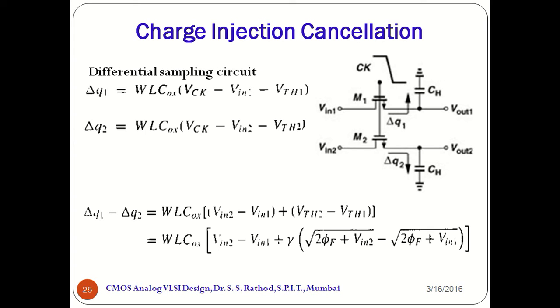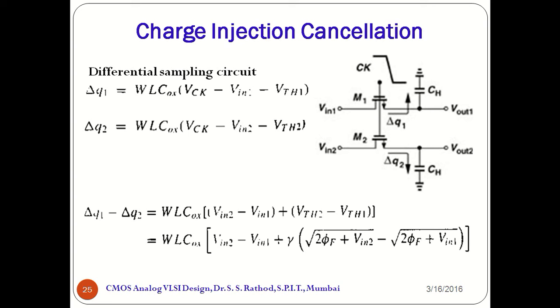We also have the knowledge of differential circuits. So why not use differential circuits for the cancellation of these charges? In this case, we use two circuits: the top one is duplicated at the bottom, and we have differential inputs and a differential output.